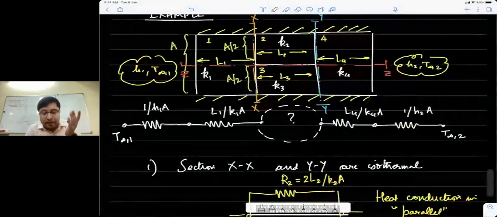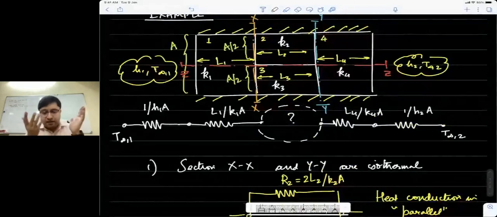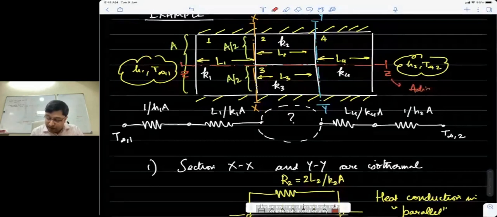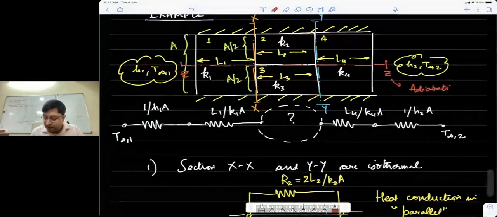Right now, because the areas are A by 2, it divides them into exactly two equal parts, but it need not be. It is just by chance that I've taken areas to be A by 2. It divides it into two systems. And what I would assume is that this section ZZ is actually an adiabatic surface, or an adiabatic line, if you want to say.